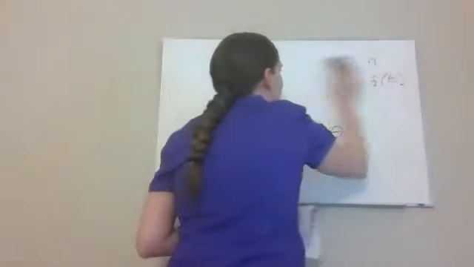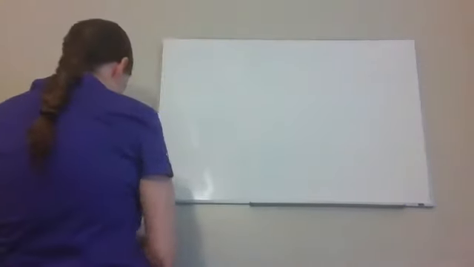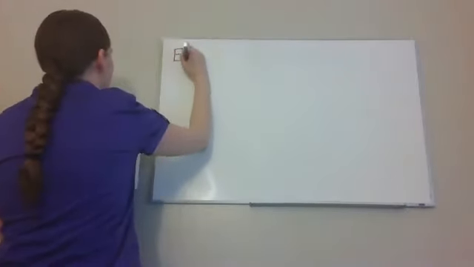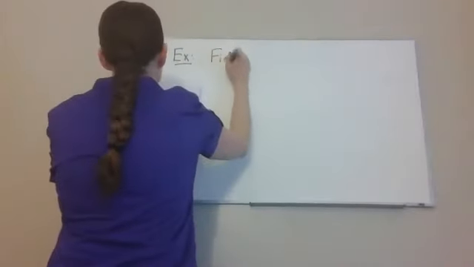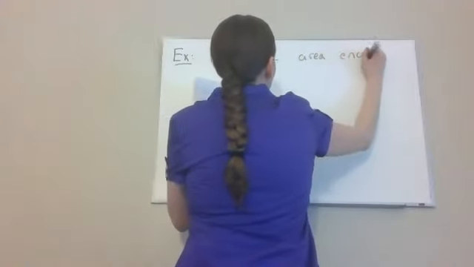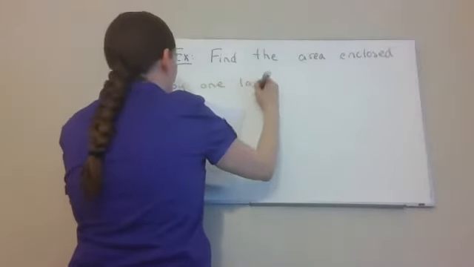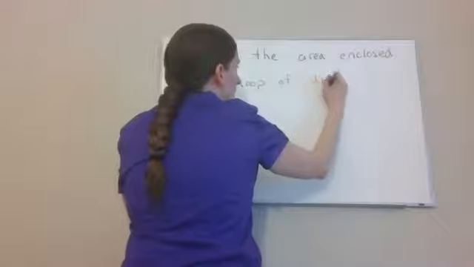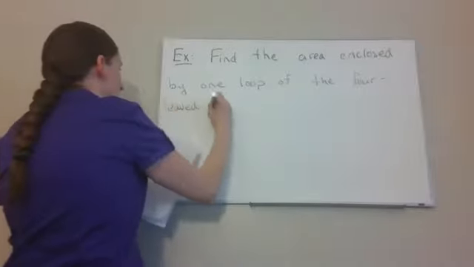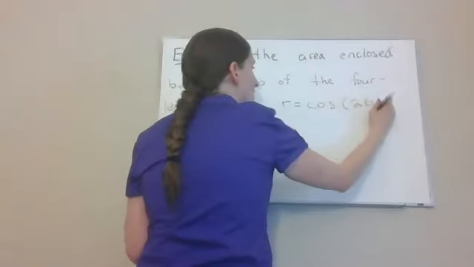We are going to do an example using this formula to find the area enclosed by one loop of that 4-leaved rose that we worked with earlier. So find the area enclosed by one loop of the 4-leaved rose r equals cosine of 2 theta.